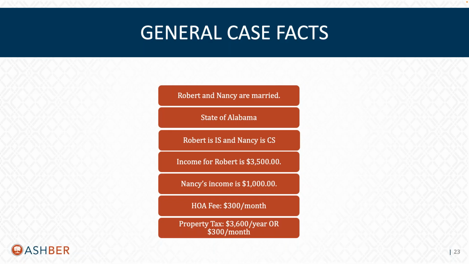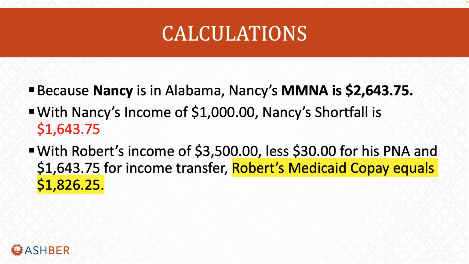So anytime we're using $2,643.75 for our clients for the MMNA, this is going to be applicable to you. So because Nancy is in Alabama, as we know, her MMNA is $2,643.75. So with Nancy's income of $1,000, she's still short. She's still entitled to a transfer from Robert, but this time it's only going to be for $1,643.75.